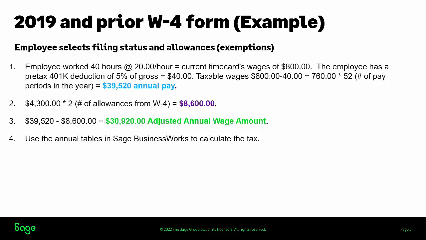That equals $8,600. We then subtract their annual pay of $39,520. We subtract the $8,600 of allowances, and that gives us an adjusted annual wage amount of $30,920.